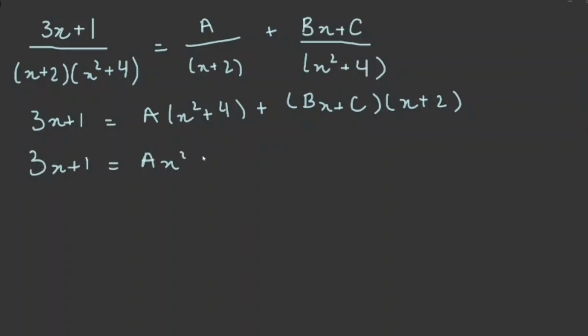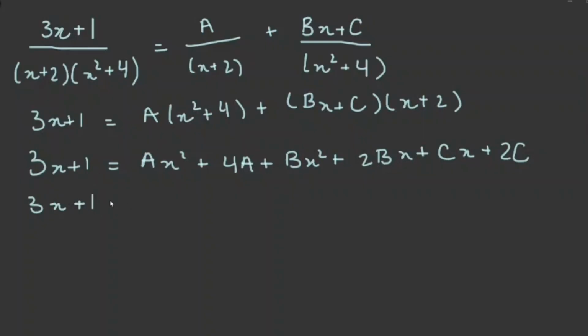Ax squared plus 4a plus bx squared, multiply this here, 2bx plus cx plus 2c. Now separate out the values on right hand side with different powers of x.